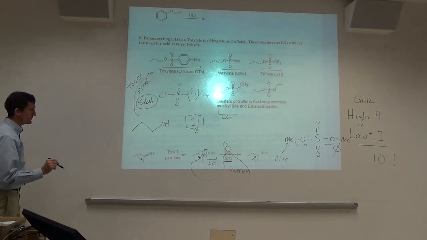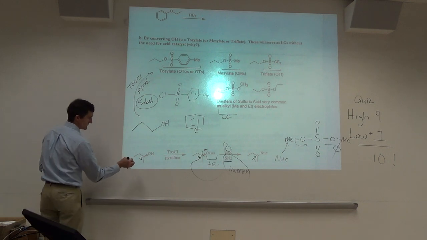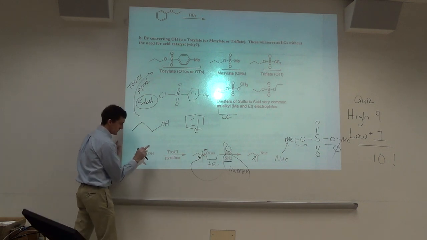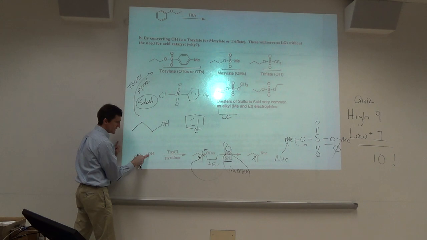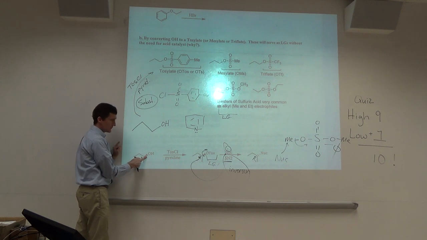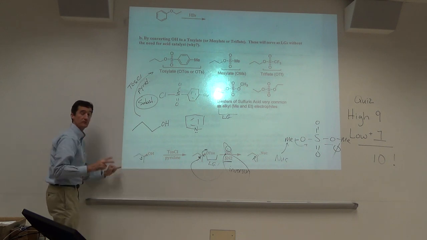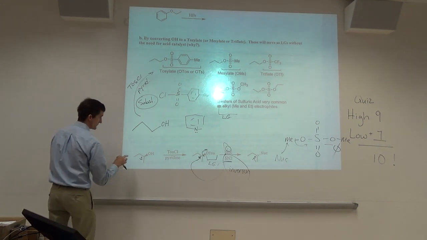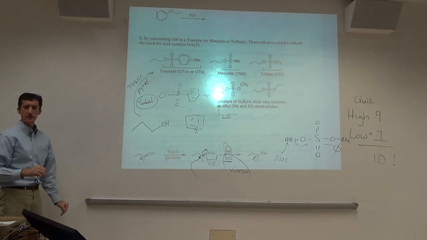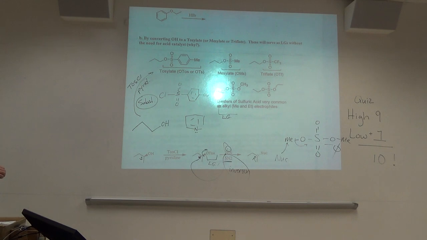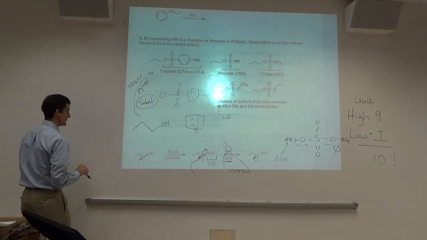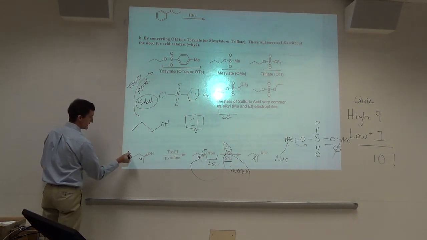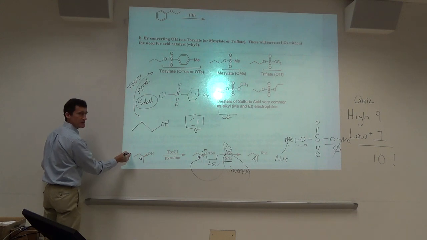Now let me go ahead and introduce this. How do you make this a better leaving group? One way is to convert it to a tosylate. That's what we did. What's another way? Protonate it. That's another way. So you have 2 ways to put in your toolbox. What's another way to convert this to a better leaving group? Well, it's sort of ingenious.